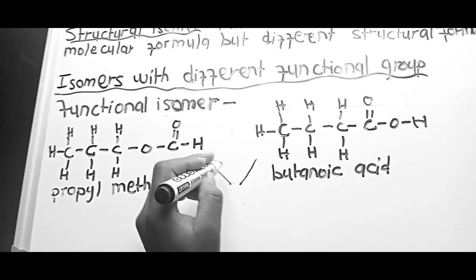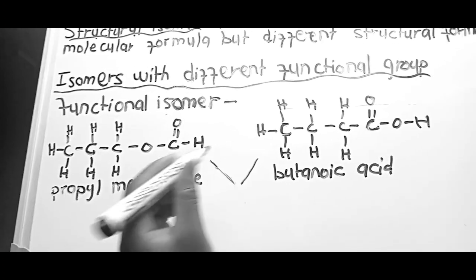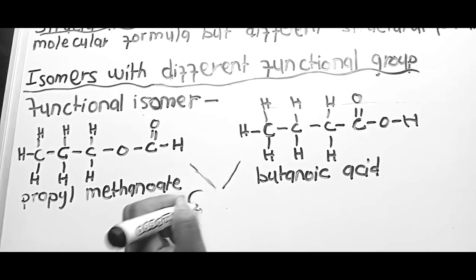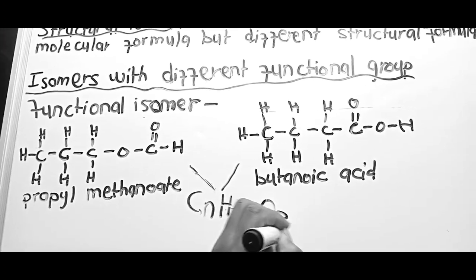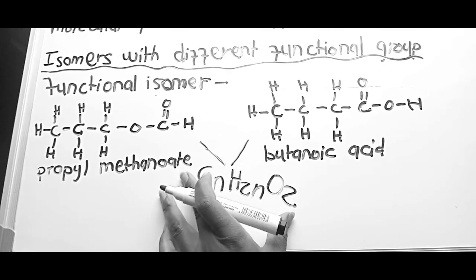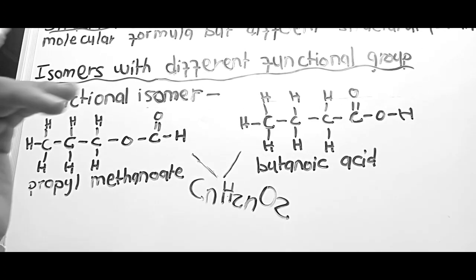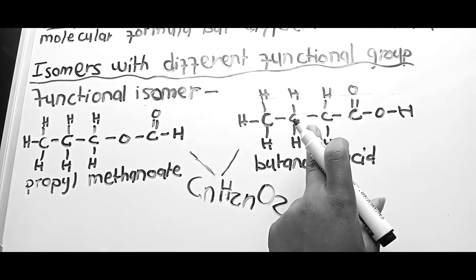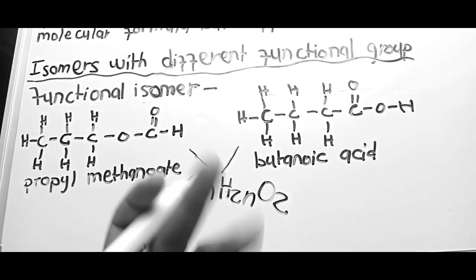It means they have the same general formula. What is the general formula for these two homologous series? It's CnH2nO2, right? This is the general formula for these two homologous series, which is the ester, and this one is the carboxylic acid. It means they are functional isomers.